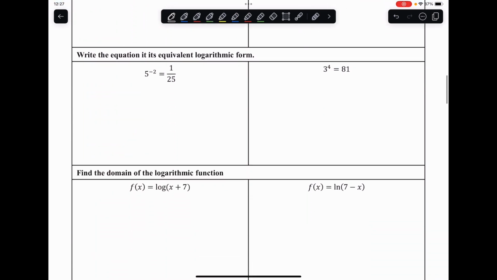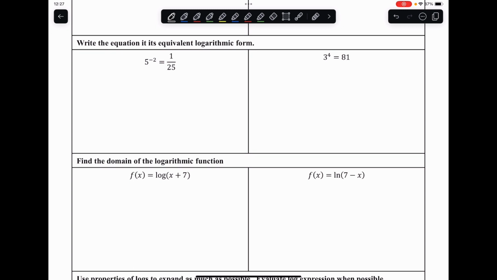Now to work backwards, to write the exponential equations into their logarithmic form, we start again with the base, so 5. So we start by writing log base 5 of this value of 1 over 25, and it equals the exponent, -2.